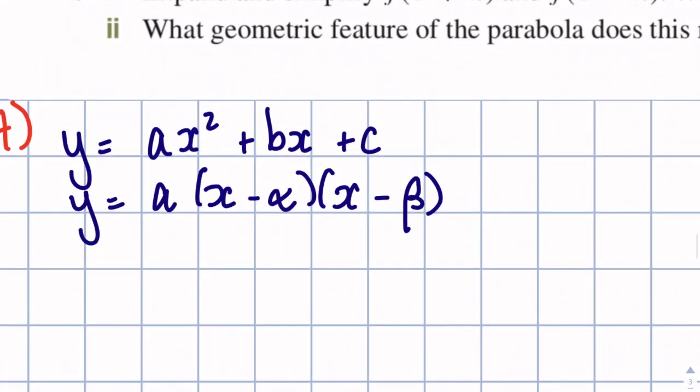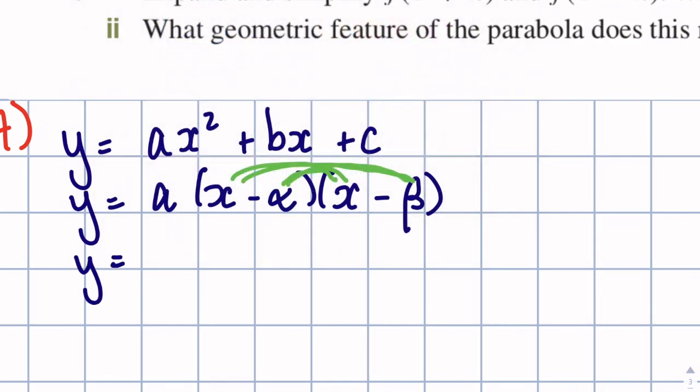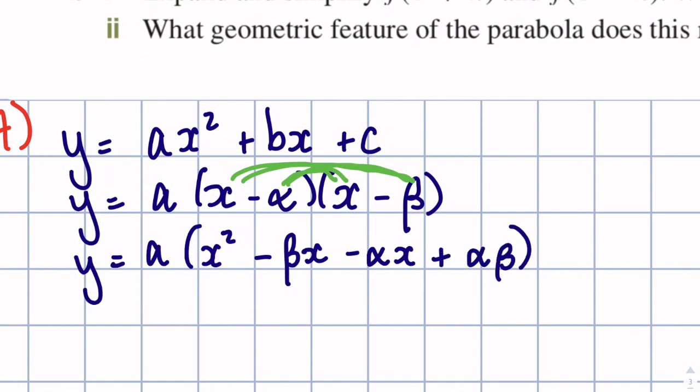So I'm going to expand this second one. I've got x times x, x times minus beta, minus alpha times x, minus alpha times minus beta. So I'm going to end up with y equals a outside of x squared, take beta x, take alpha x plus alpha beta.